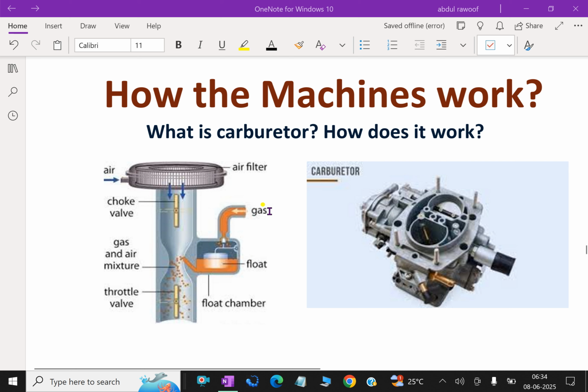Here the fuel goes inside and enters through the float, and the air supplies the fuel, and due to the Venturi effect it goes forcefully, that is, its velocity is more in the Venturi throat, and it goes to the engine.